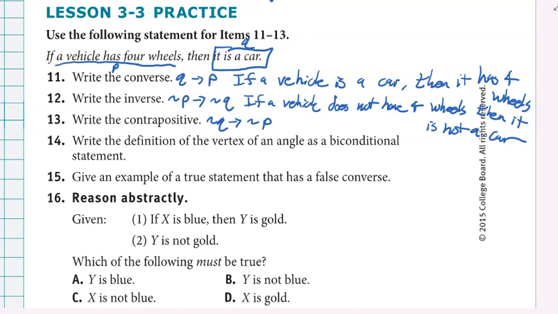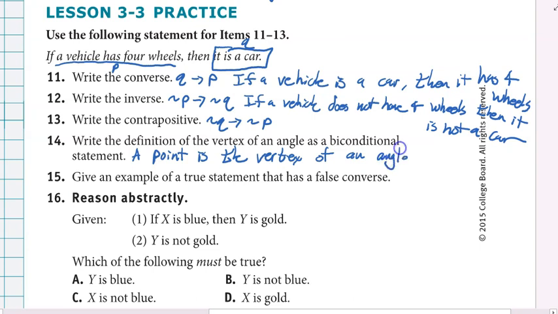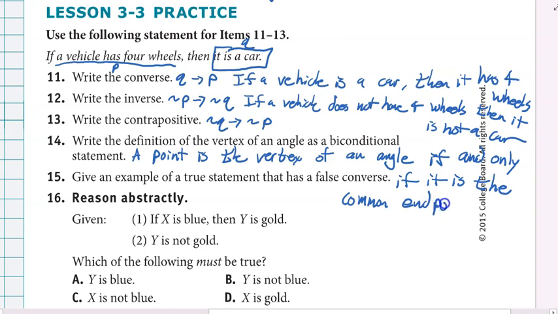So we could say that a point is the vertex of an angle if and only if, which is how we write biconditional statements, it is the common endpoint of the 2 rays that create the angle.